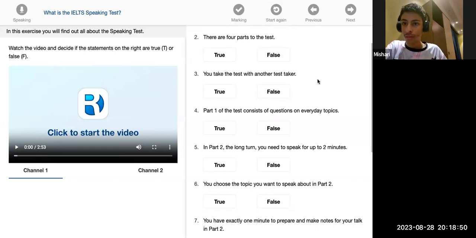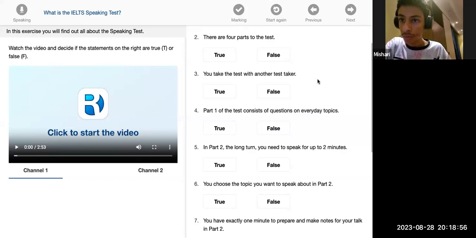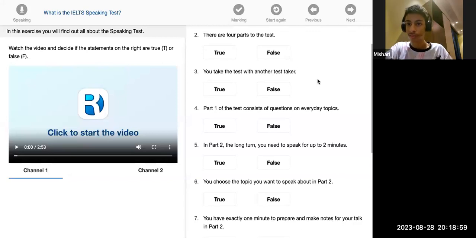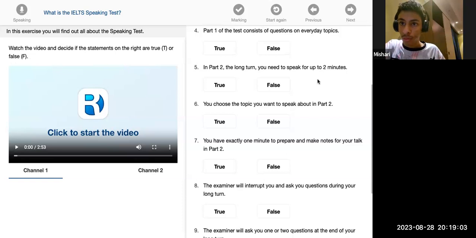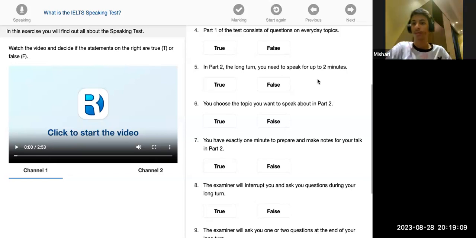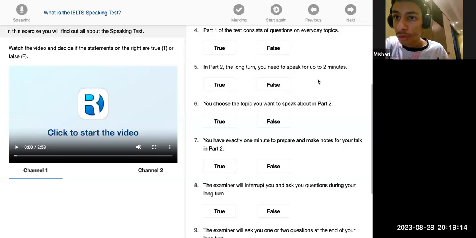There are four parts to the test. You take the test with another test taker. Part one of the test consists of a question on an everyday topic. In part two, the long turn, you need to speak for up to 2 minutes.